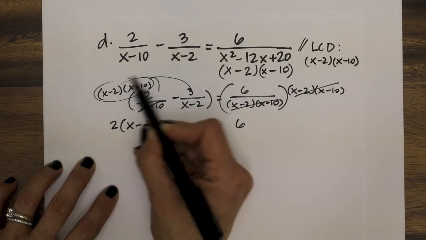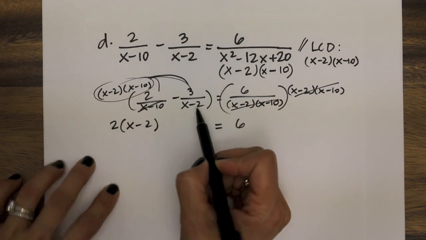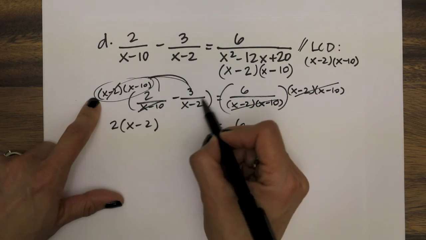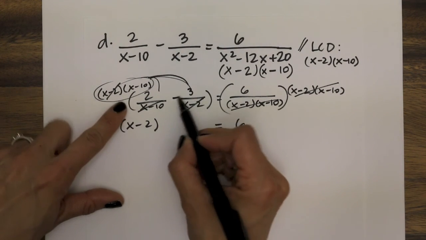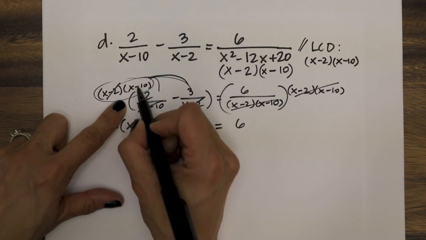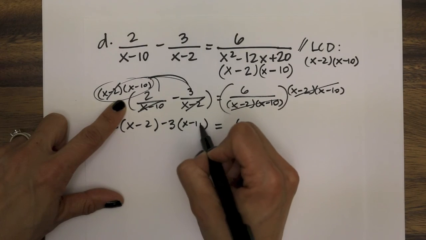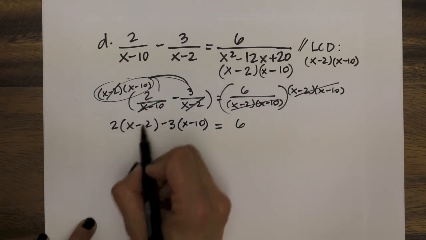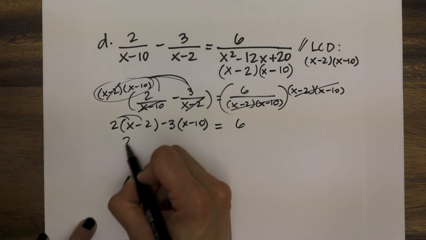But when we take this expression and distribute it to this fraction, this time the x minus 2's cancel. So x minus 2 cancels with this x minus 2, and it's leaving a negative 3 times the quantity, the one that's left, x minus 10. So now when you can finish the problem, there's no fractions, it's really nice.